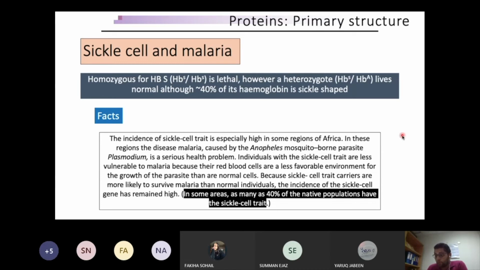As a result, those patients who are heterozygous for sickle cell have better chances to survive, because those who have normal hemoglobin will be infected by the parasite, catch malaria, and die.